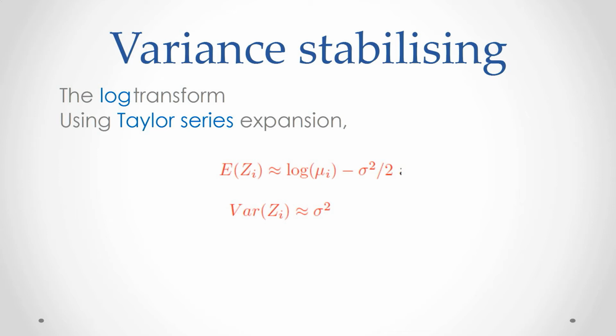Using these two relationships, we see that variance of Zi is approximately sigma square. For small sigma square, we have expectation of Zi approximately log mu i minus sigma square by 2 and variance of Zi approximately sigma square.